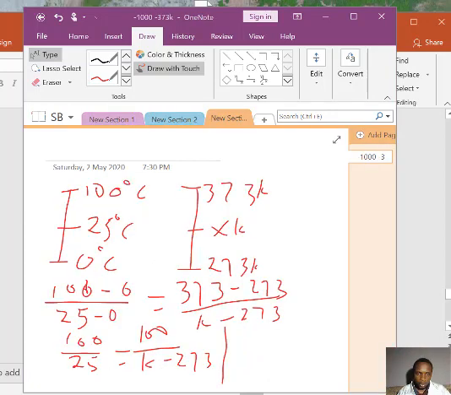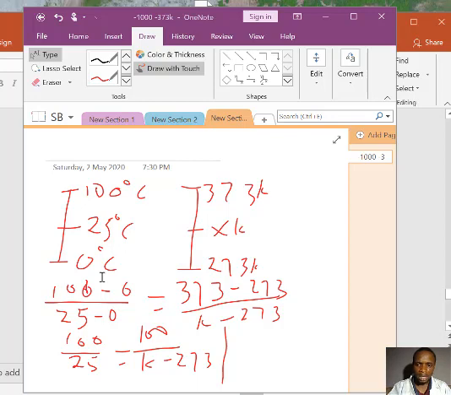So if we are to compare it with the Kelvin temperature scale, we'll be having 100 as the upper and 0 degrees as the lower. Don't forget that the upper of the Kelvin is 373, then the lower is 273. So if you subtract the way we did it, 100 minus 0, 25 minus 0, 373 minus 273, K minus 273, like the way we have done the rest, it will give us 100 over 25.